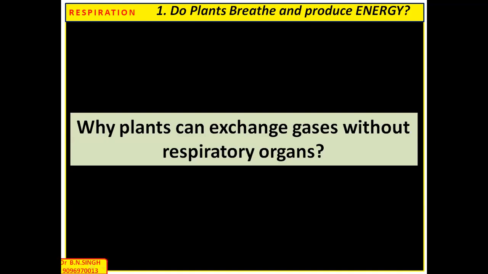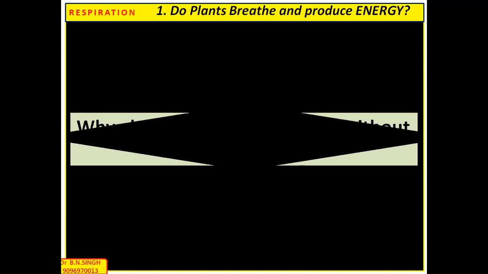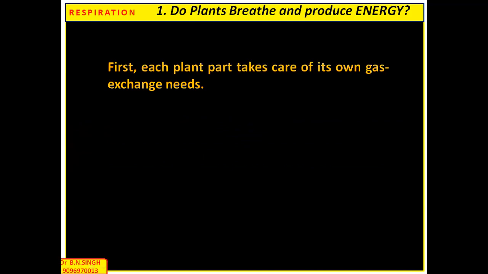There are three main points that give the answer to this question. The first point: each plant part takes care of its own gas exchange. The root of the plant performs its own exchange of gases for respiration. No other part of the plant provides the oxygen to the root.